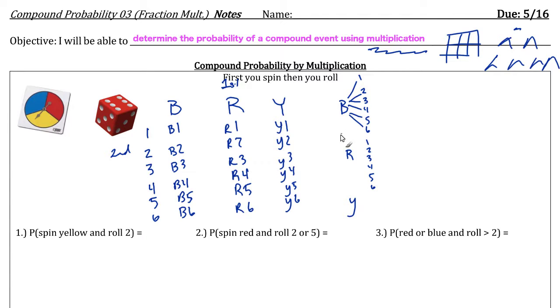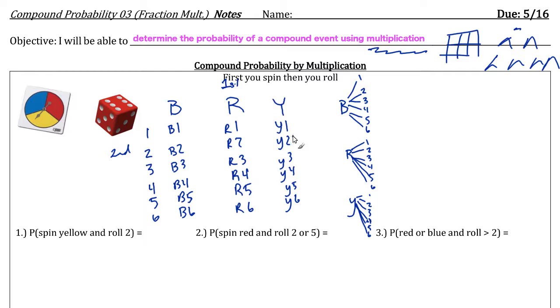I'm sure you're wondering why I didn't just do it the other way. Me too at this point, but whatever. You get the point, right? Yellow 1, 2, 3, 4, 5, 6. So we could have done it this way.